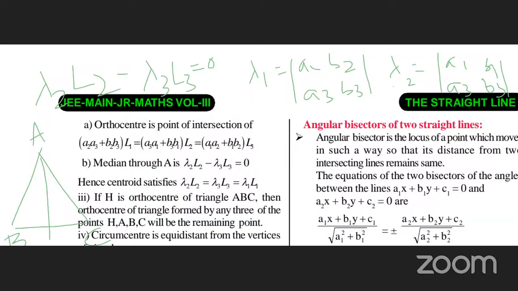So lambda2 L2 minus lambda3 L3 = 0. From this, we know that the centroid will satisfy the condition lambda1 L1 = lambda2 L2 = lambda3 L3. Thus, we know that the centroid is the meeting point, the point of intersection or concurrence, of all the medians.